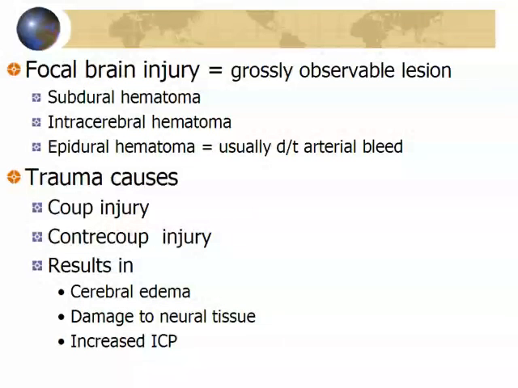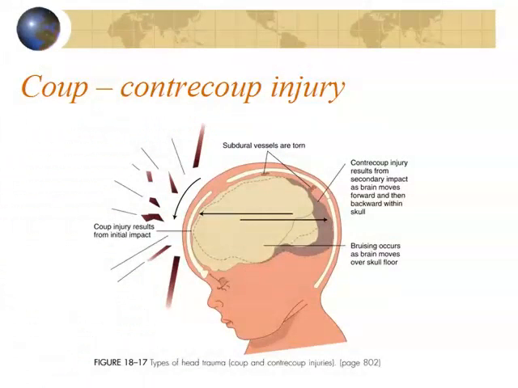And remember, that's only 5 to 15 to start with. So here's a picture showing a coup injury to the frontal and a contra coup to the occipital, and how the vessels can be torn in there. This is not from our textbook, so don't look for the picture on page 802.